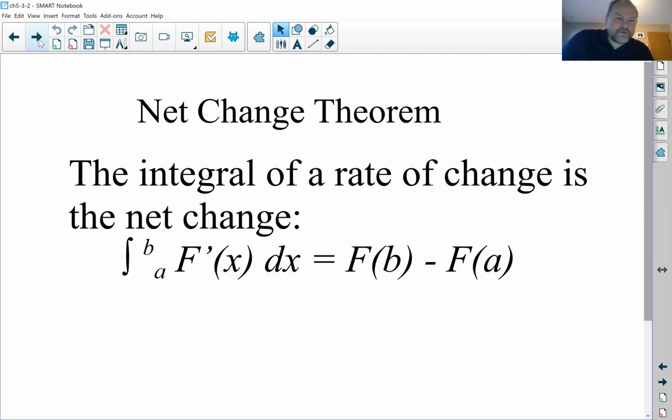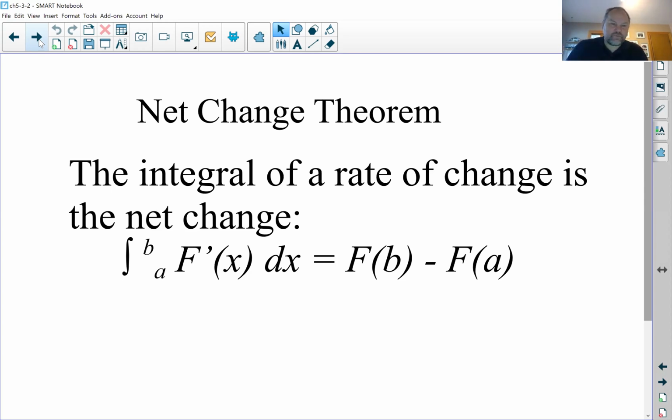Still evaluating definite integrals. One of the big ideas of an integral is it tells us the net change. So if we take the integral of a rate of change, so if f prime of x is a rate of change, then the net change, the difference from where we started to where we ended, would be the integral from a to b of f prime of x dx, or capital F at b minus capital F at a.